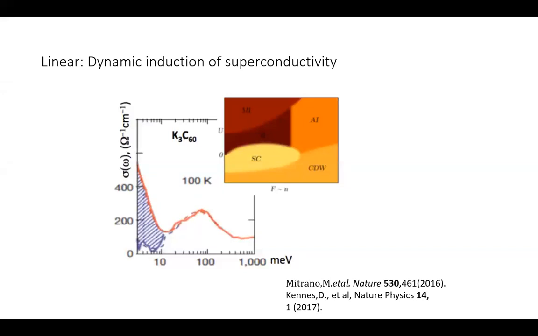This is an example of another nonlinear induction, the dynamic induction of superconductivity in potassium C60, where typically the TC of potassium C60 is about 30 Kelvin, maybe 36.